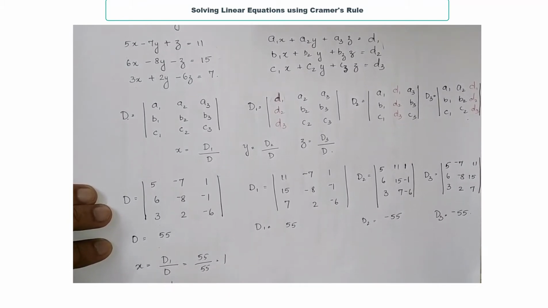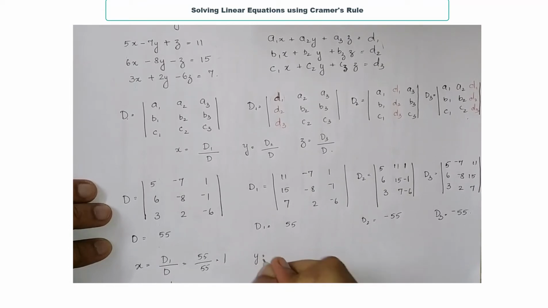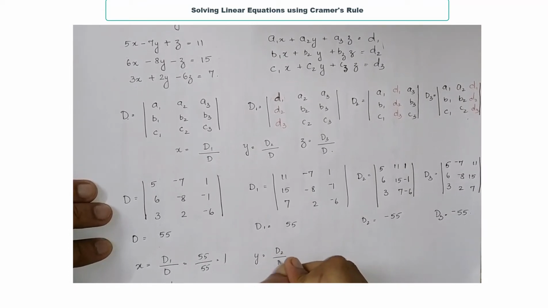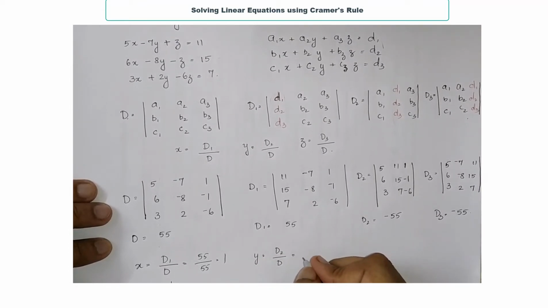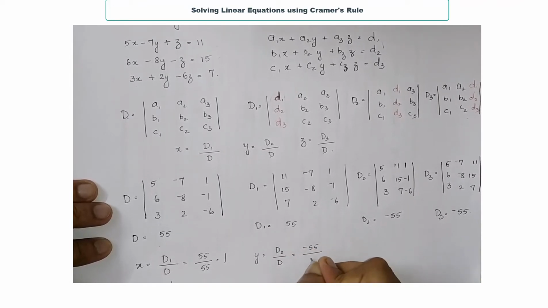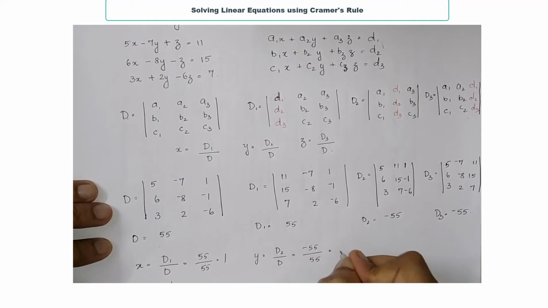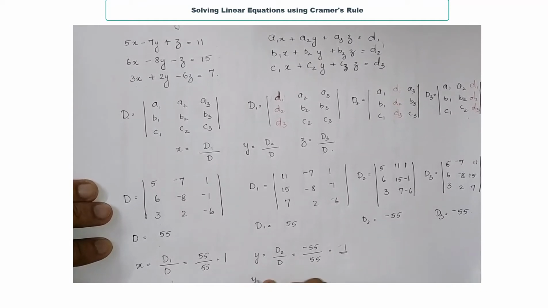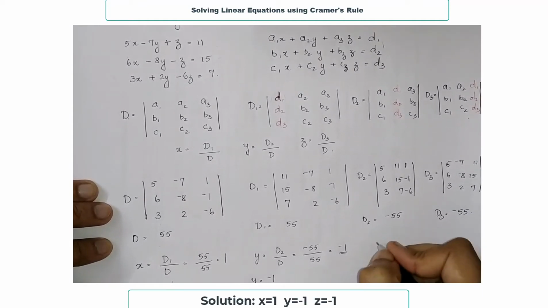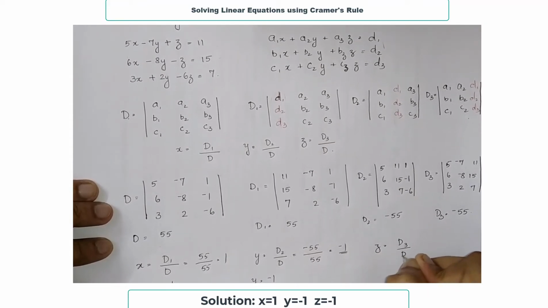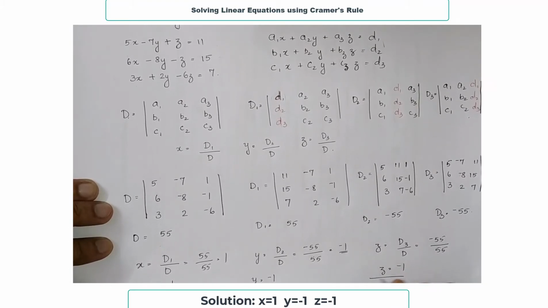So x is equal to 1. y is equal to D2 by D, which is minus 55 by 55, equal to minus 1. So y is equal to minus 1. z is equal to D3 by D, which is minus 55 by 55. So z is equal to minus 1.